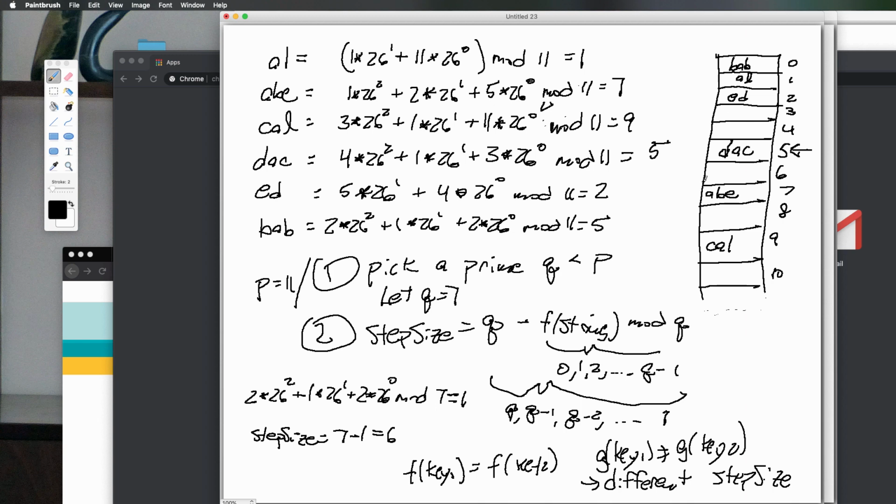Hence, we won't get a whole lot of the clustering that you got with linear probing and quadratic probing. So that is the end of the lesson.